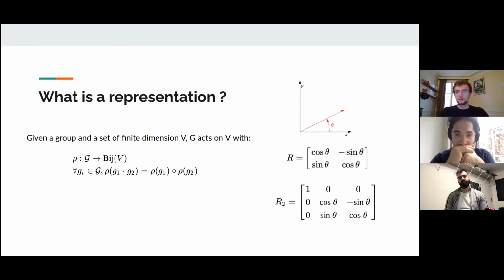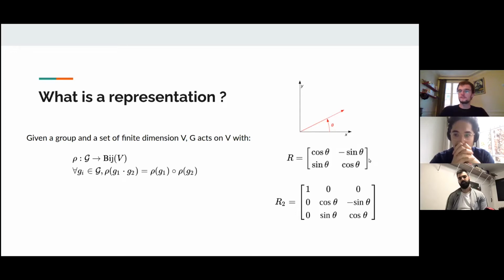A concrete example: you can think of rotations as an abstract group, where you can combine rotations, like 90 degrees and then 90 degrees, but then you can make it act on a space of a given dimension. For instance, on a plane, a planar rotation rotates each vector following this precise bijection of the plane onto itself.